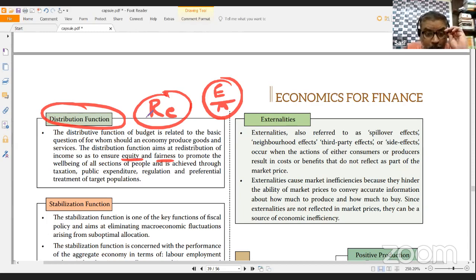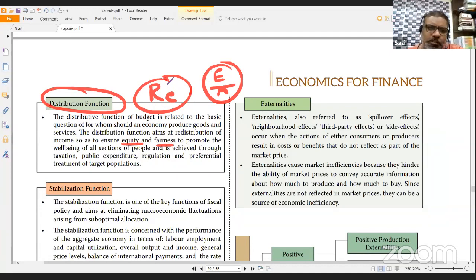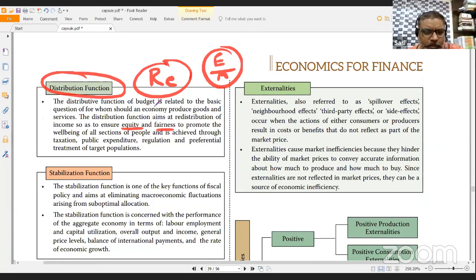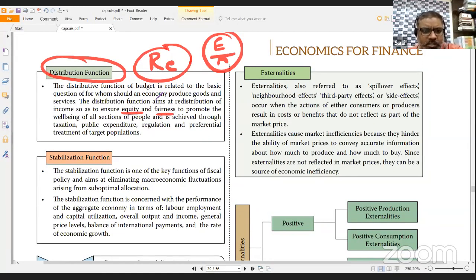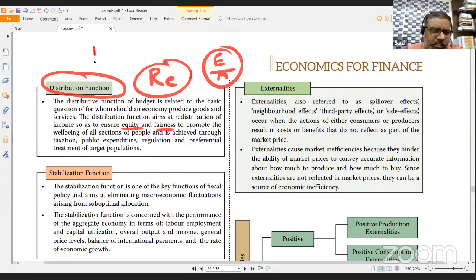There will be so many people who have the money, and there will be so many people, most of them, who will not have any money to even meet their basic needs. That imbalance creates a social problem. So the government has to stop that. How? At least throw some biscuits to the people who have no access to any basic necessities. So that is why in India we have the public distribution system as the biggest example. We have the PDS, the public distribution system.